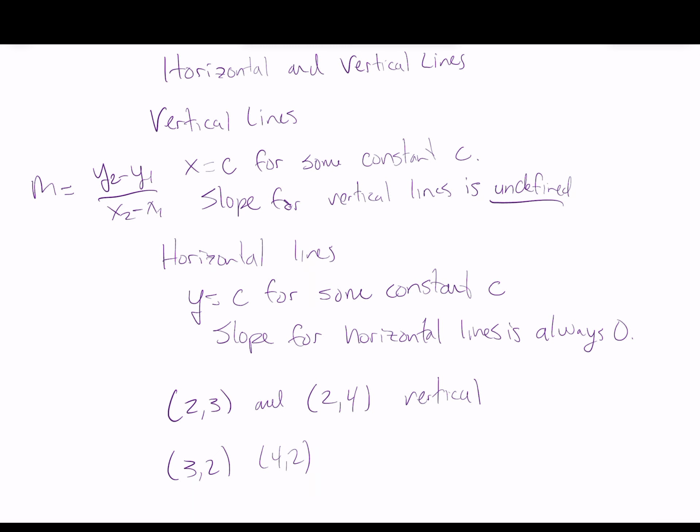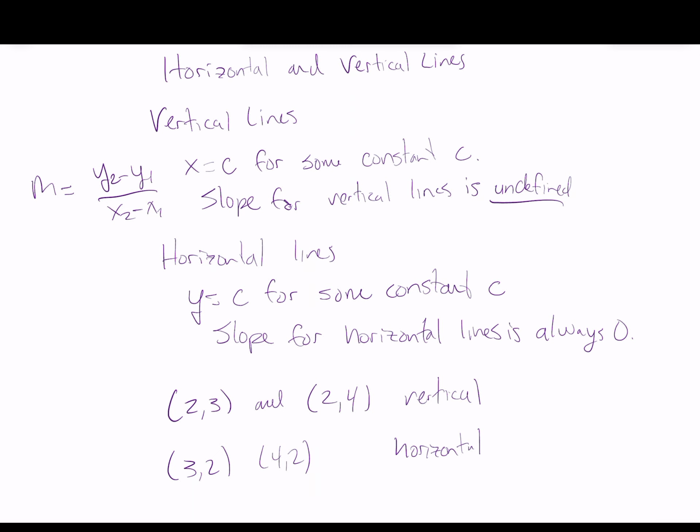This is a horizontal line. Now, all of our formulas that we've used so far would prove this to us, but we don't have to use those to know. We can have this special case and use these facts when we are looking at horizontal and vertical lines.